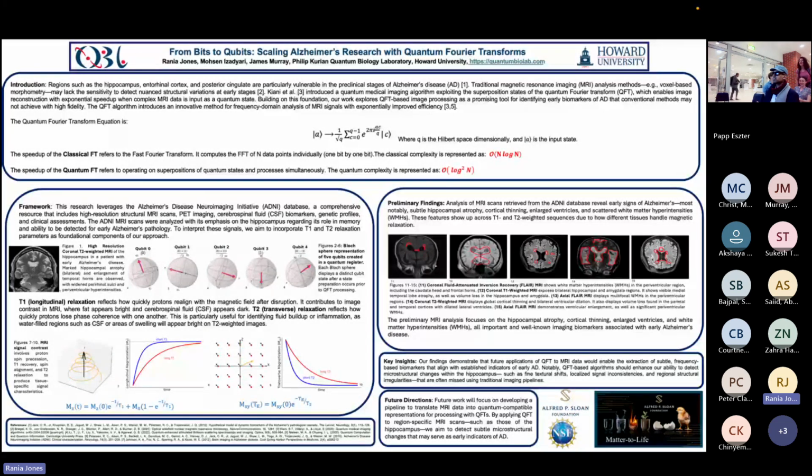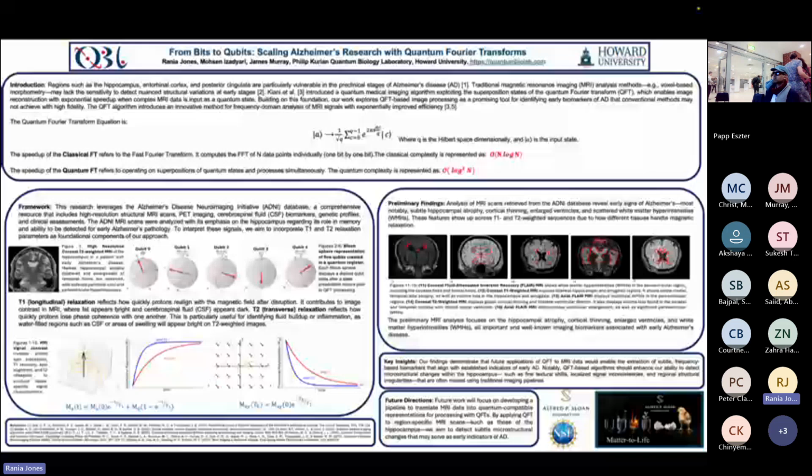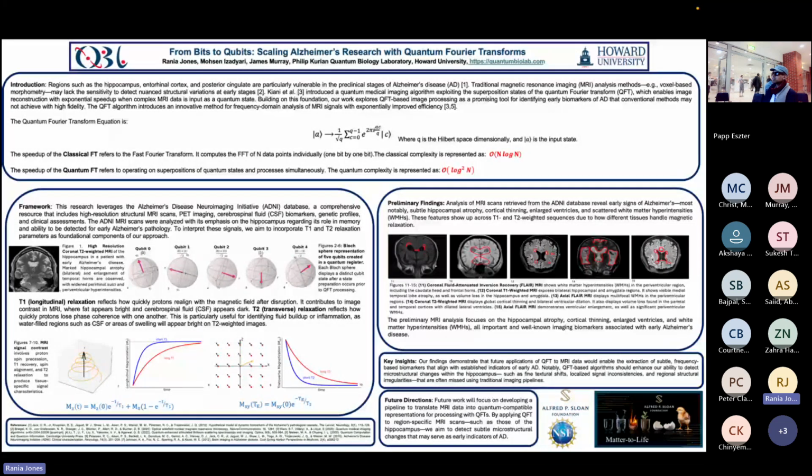The reason this is such an exciting focal point of my project is that the classical fast Fourier transform scales roughly as O(n log n), while the quantum Fourier transform would theoretically scale as about O(log n squared). This offers an exponential computational speedup for certain problems. I do want to emphasize that this project does not focus on making MRI images look better or creating information that isn't already there.